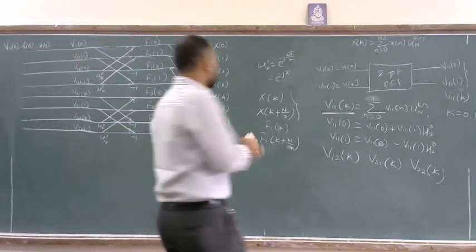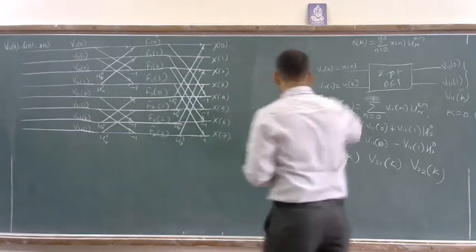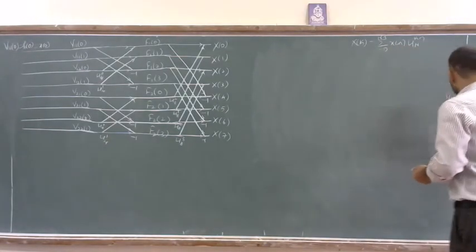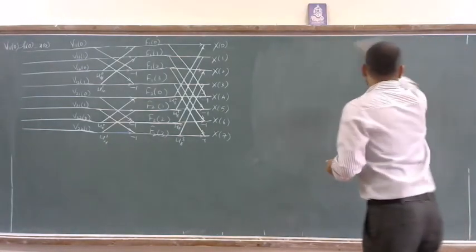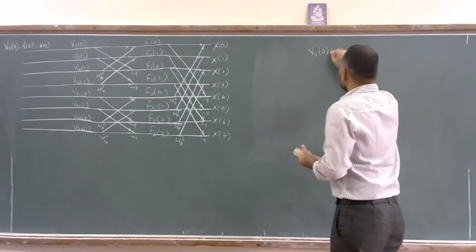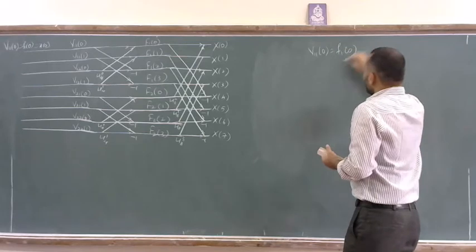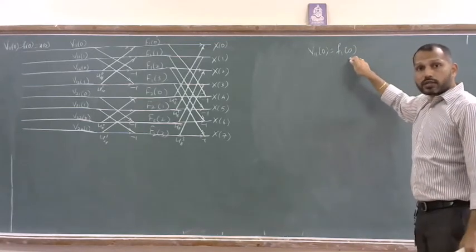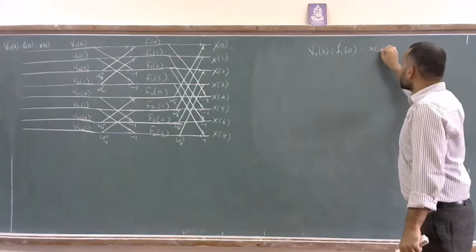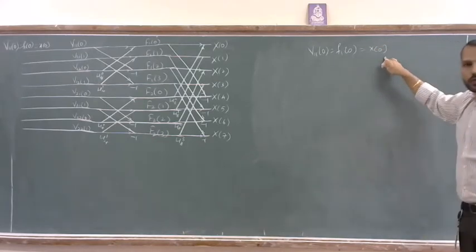Okay, I'll write those notations here. V11 of 0 is equal to f1 of 0. F1 of 0 is a 4-point sequence. In terms of the 8-point sequence, its sample value is x of 0.